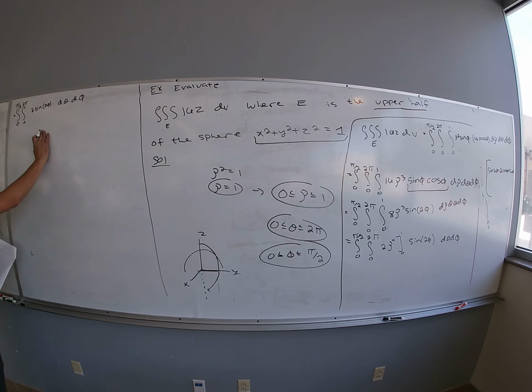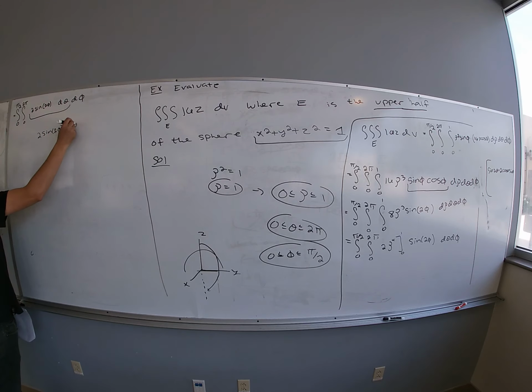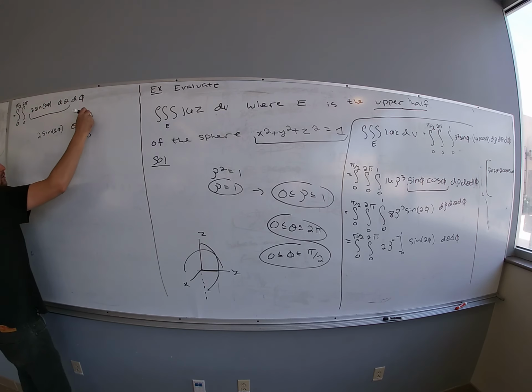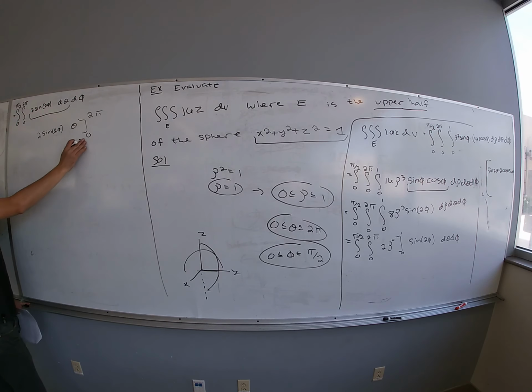Okay, now notice that this bit, I'm going to be integrating with respect to theta. This has nothing to do with theta, okay? So whenever I integrate it, I'm just going to have a theta tacked on to sine 2 phi theta. Theta is going to go from 0 to 2 pi, okay? The 0 is not going to do anything.